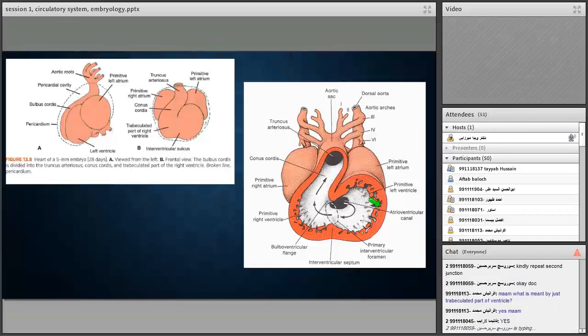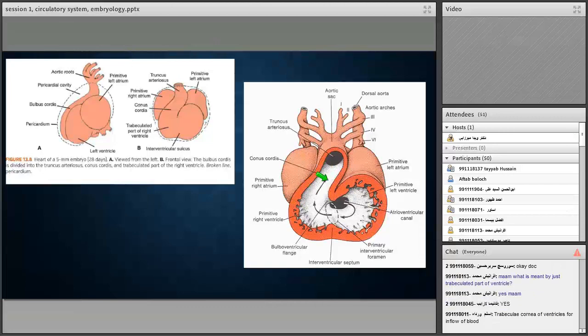It has papillary muscle, ridge-like muscles. This is the trabeculated part, and the outflow part of the right ventricle had a smooth wall. The outflow part of the right and left ventricles had smooth wall.